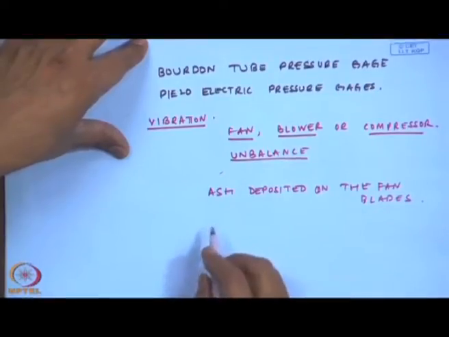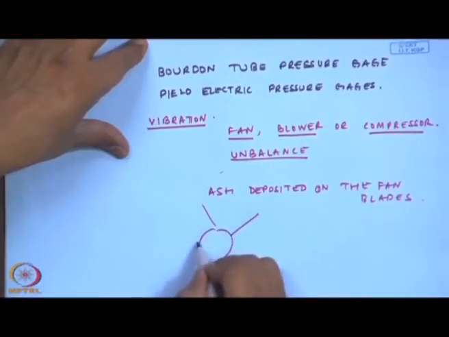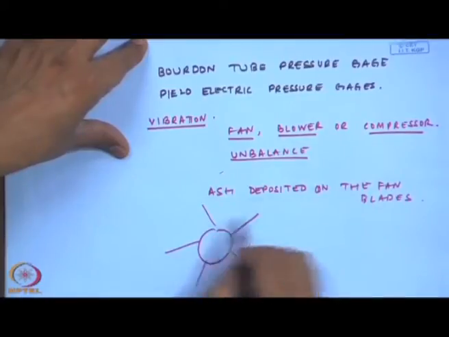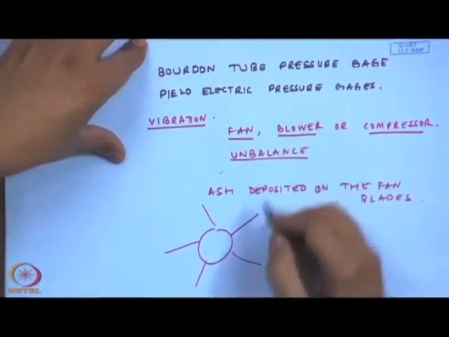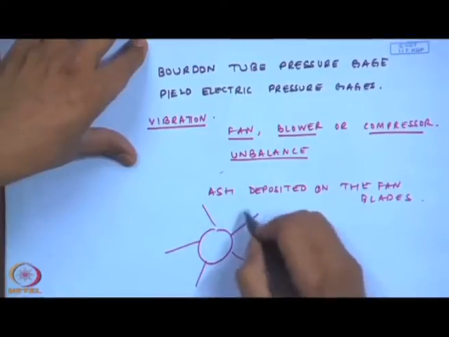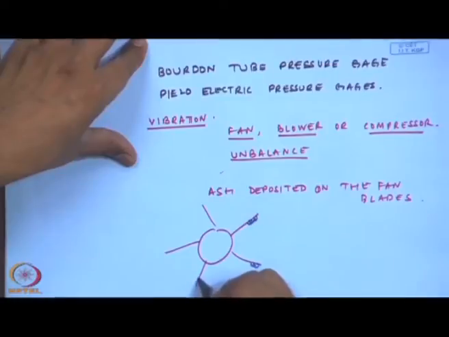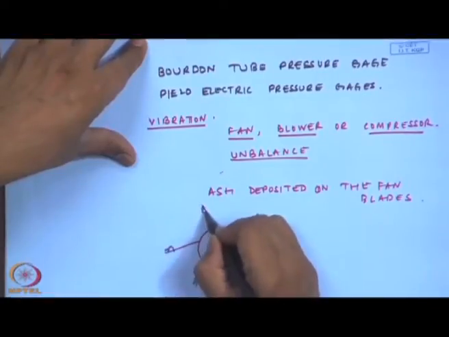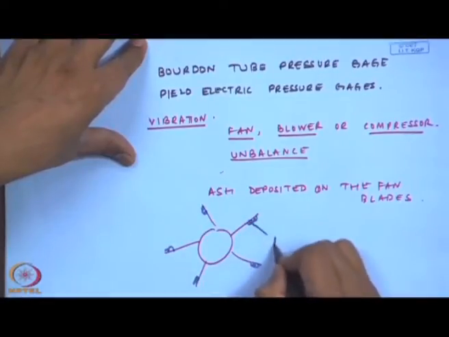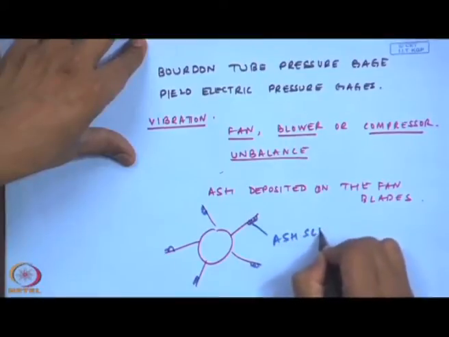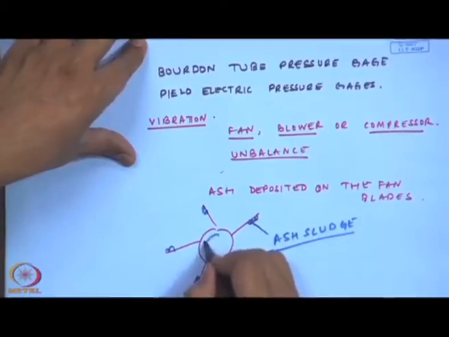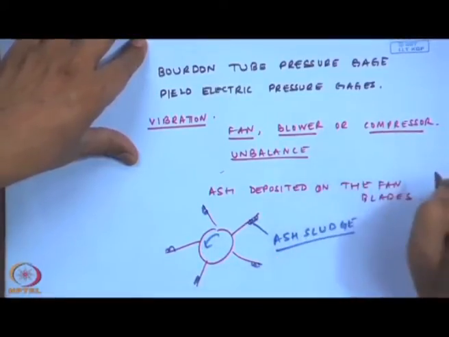And mind you, over the years, because this ash could sometimes be with moisture, it could be wet and it will form a sludge. This is the ash sludge which gets deposited, and then it creates an unbalance in the fan.